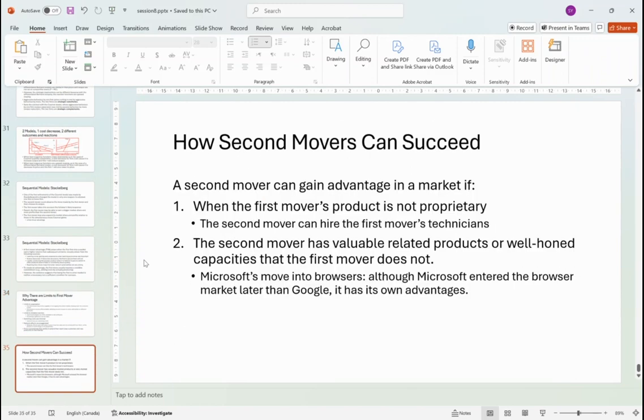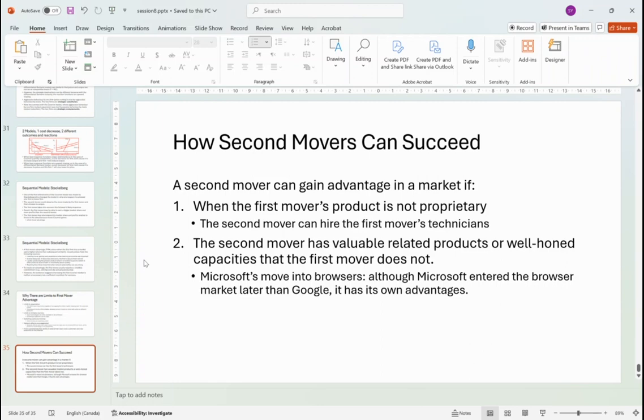So in these cases, sometimes the second mover can be successful, especially when the first mover's product is not proprietary, right? For example, the technology might expire for the first firm, or the producer cannot stay in the industry forever. In that case, the second mover can hire the first mover's technology and technicians.